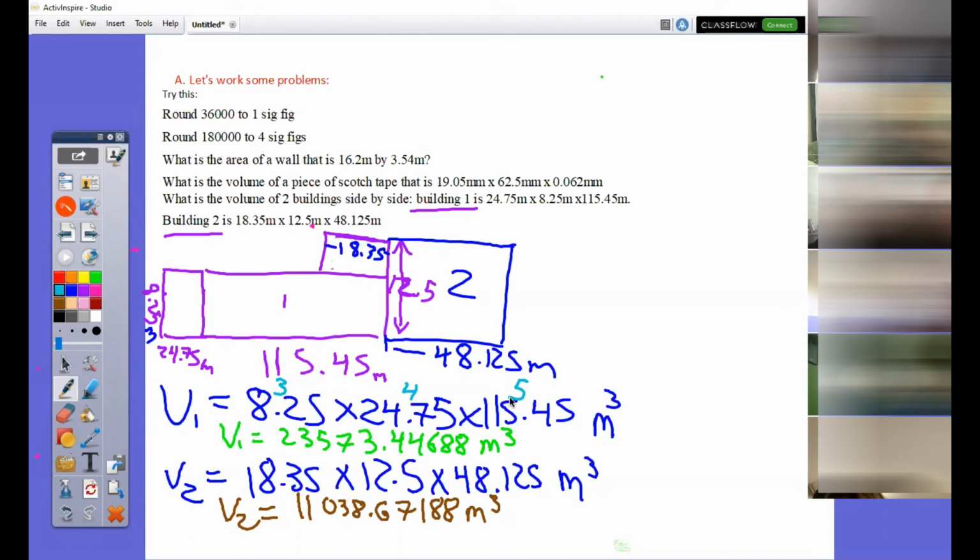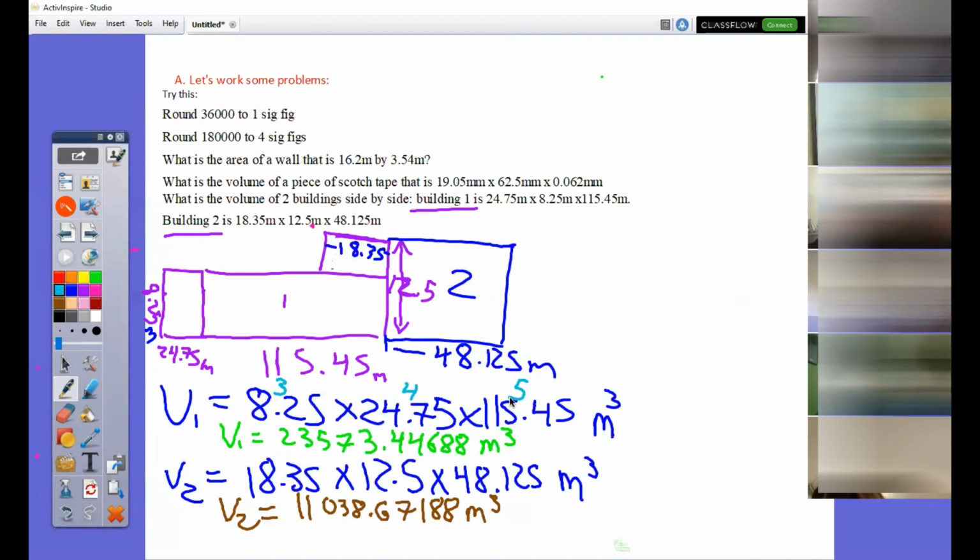So if you're not changing rounding rules, you don't round off until the very end. That means if you have a series of multiplication and divisions, you just round off one time at the end. If you have a series of addition and subtraction, you just round off one time at the end. But if you're going from multiplication to addition, or from subtraction to division or subtraction to multiplication, that means you do the first rule, round it off, and then move to the second rule, round it off again.